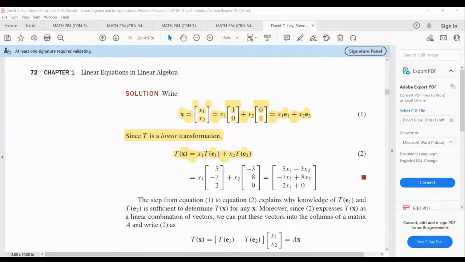And what we can do is we can put in the transform vectors for E1 and E2, and then we end up getting the answer here. So really, this is an exercise in understanding the properties of a linear transformation.